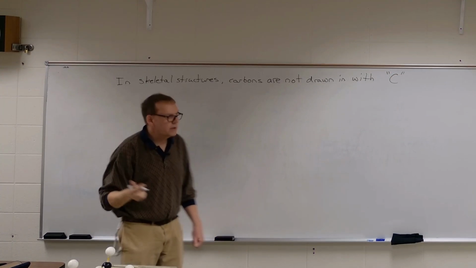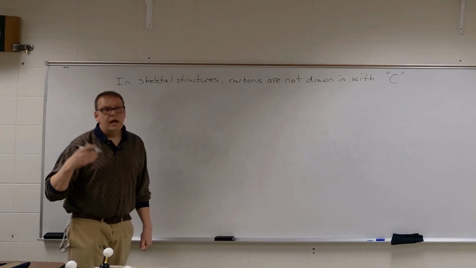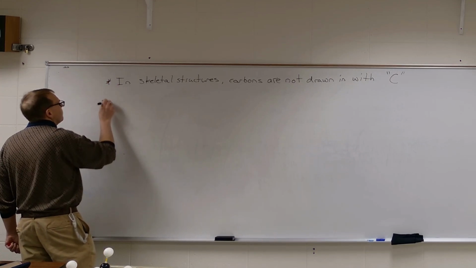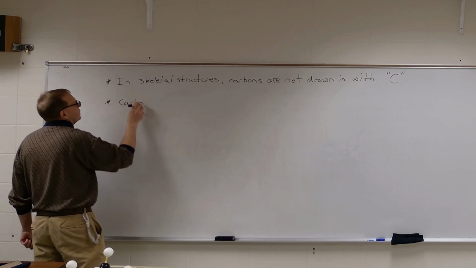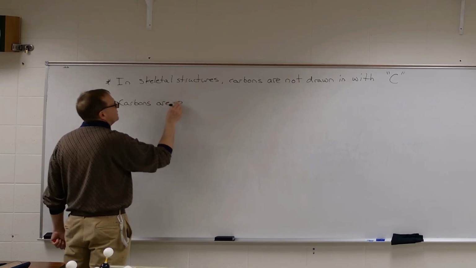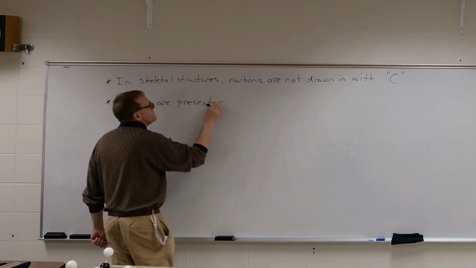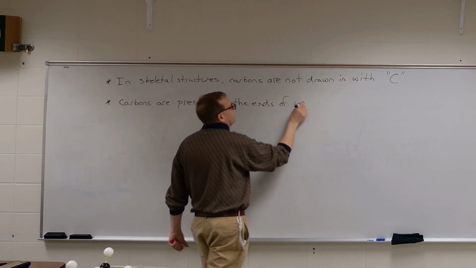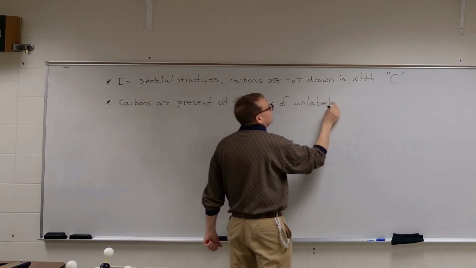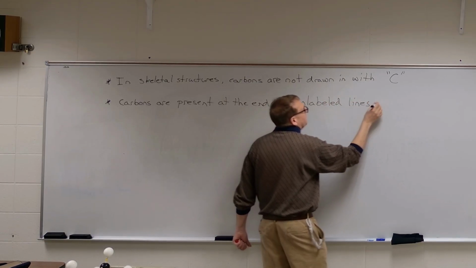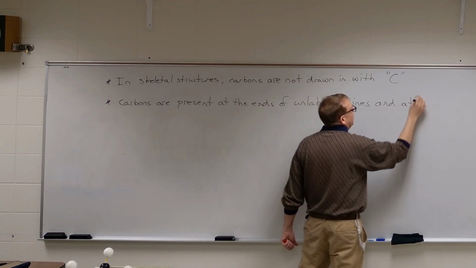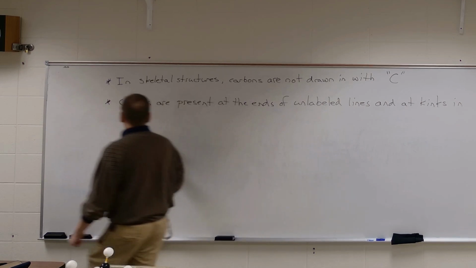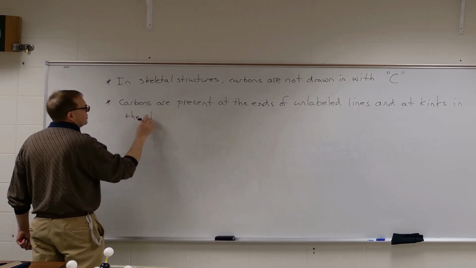The way you know a carbon is there is that carbons are present at the ends of unlabeled lines and at kinks in the structure.